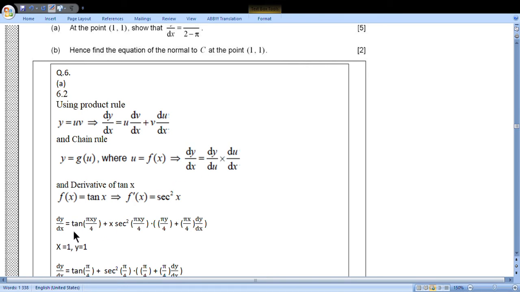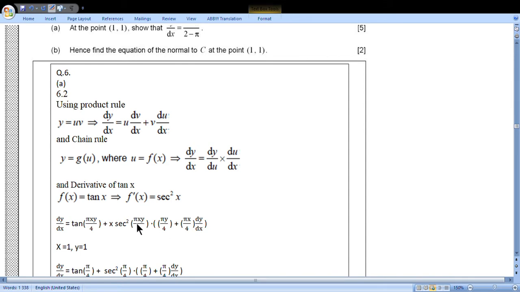First the product rule: x times tangent, then x times the derivative of tangent. The derivative of tangent will be by chain rule: tangent, and the derivative of what we have here. Here we have a product, so we will use the product rule.